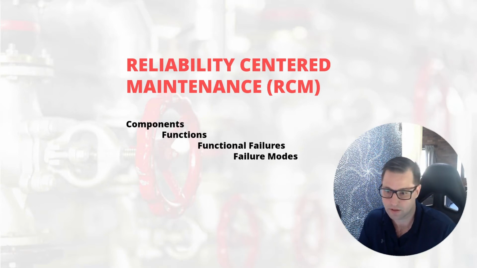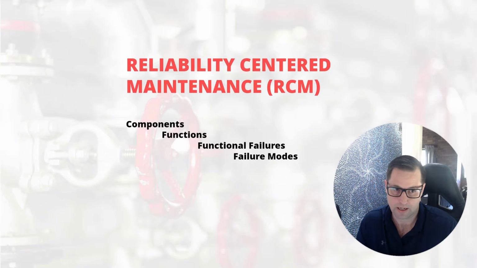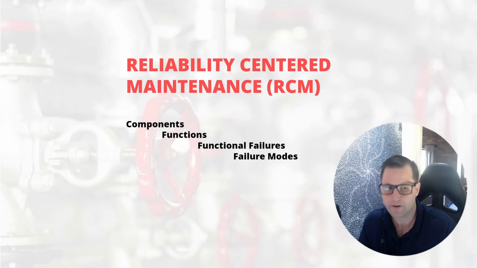What are they designed to do, and what's the intent of them? And then we look at how each of those can fail to perform the intended function. What are the ways in which it will not meet the specs or the requirements in its application? And from there, we can start to understand what are the different modes or ways in which it can fail to perform its function and therefore fail as an asset in our system.